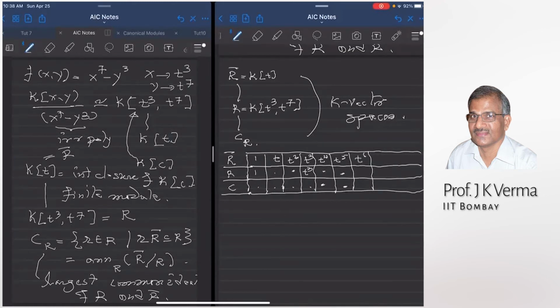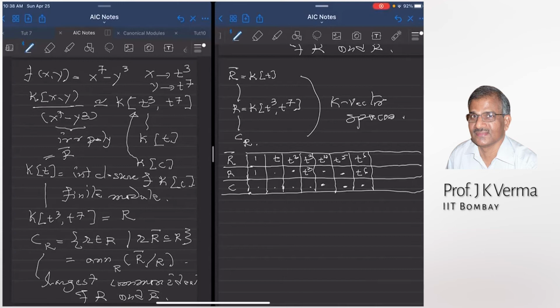T6 is in R, but it is still not in C. Do you see that T6 is not in C?